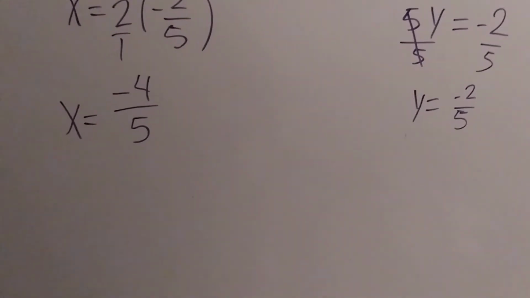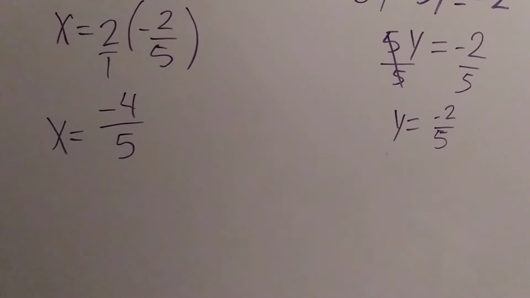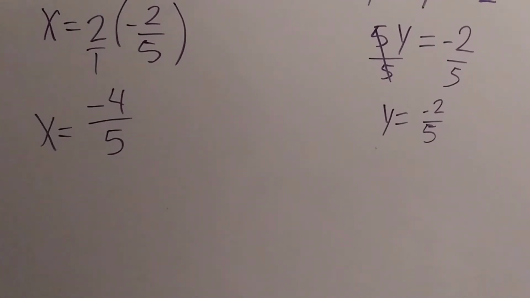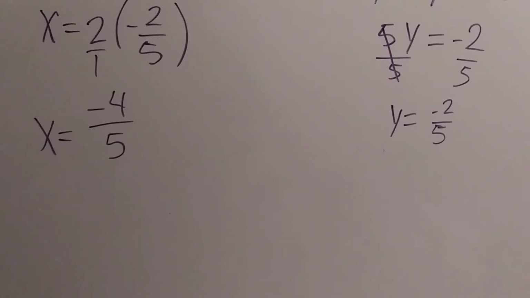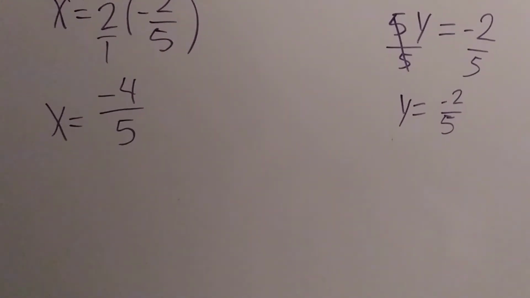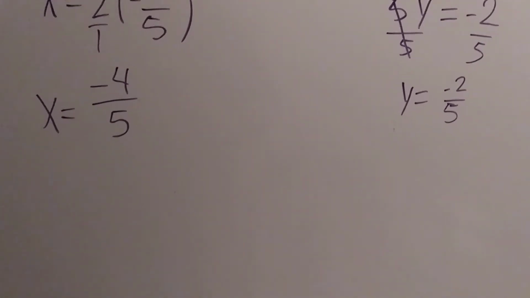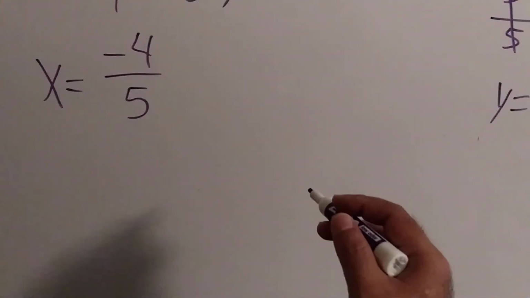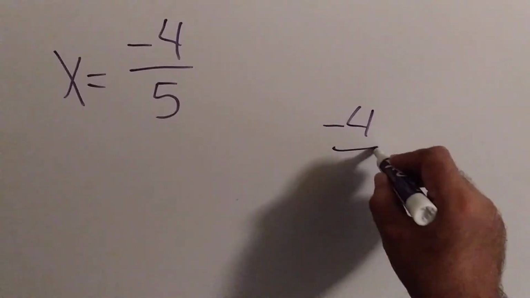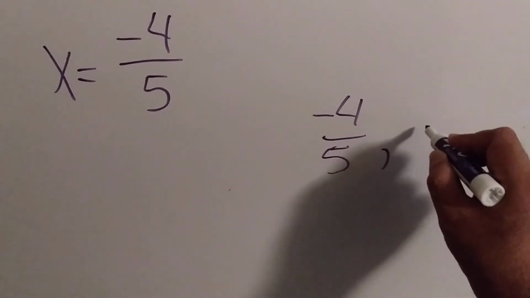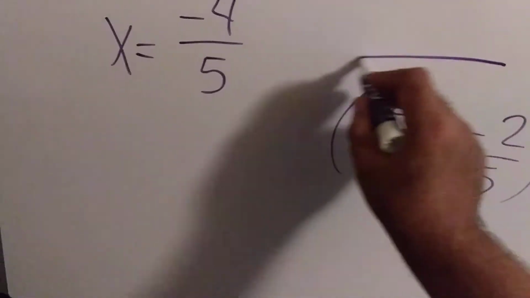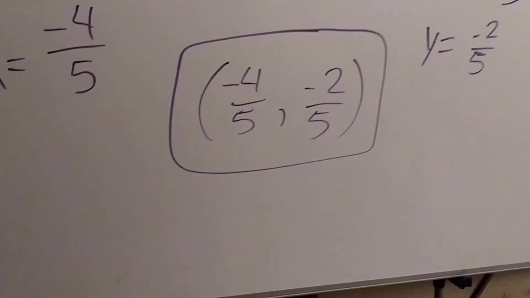My whole point in this class is, one, to make sure that you understand the concept, and two, to not shy away from understanding math and to make it a quote-unquote pleasant experience as you solve these problems. So our solution to this system of equations is the ordered pair negative 4 fifths, negative 2 fifths. Okay, here we go. That's our answer.